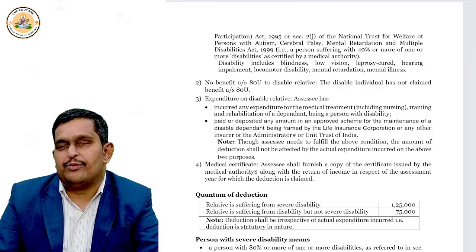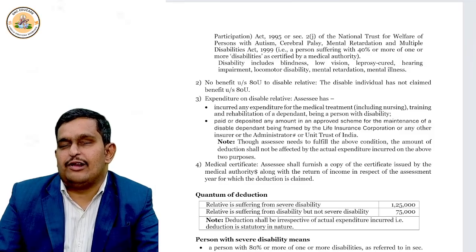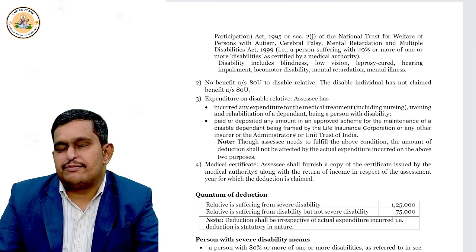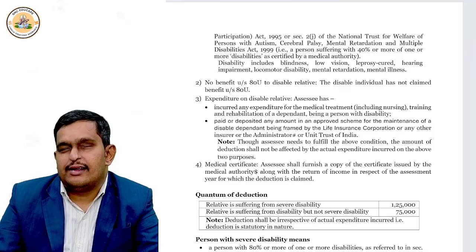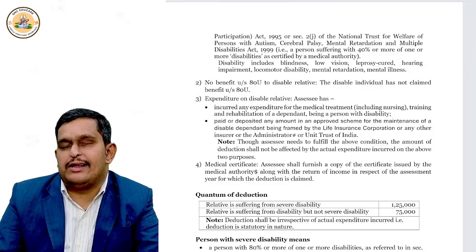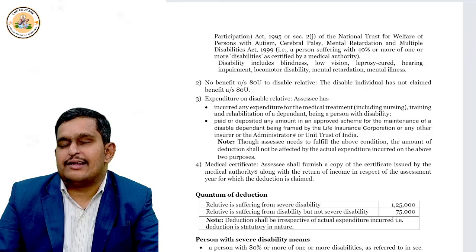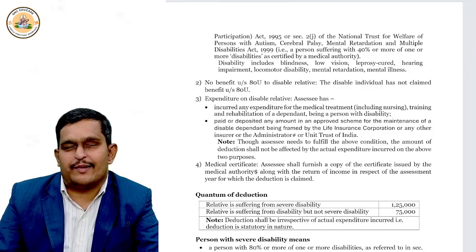Now let's continue further. How much deduction you will get? The deduction depends upon the percentage of disability given in the certificate. If in the certificate the disability percentage is between 40 to 79, then it is a normal disability and 75,000 deduction is given.